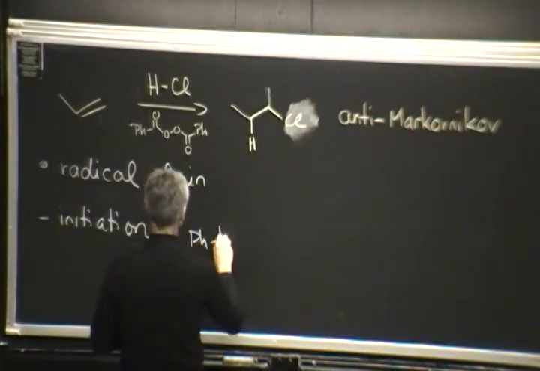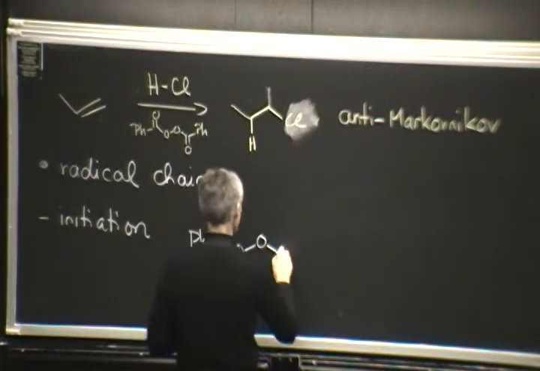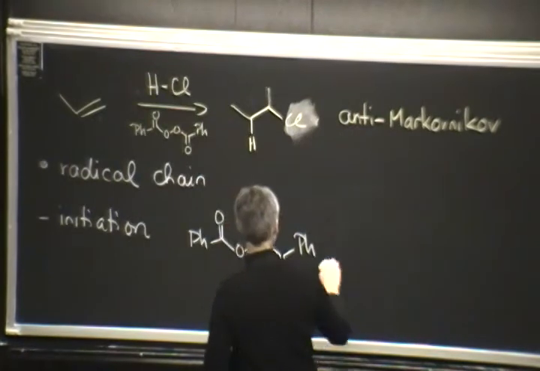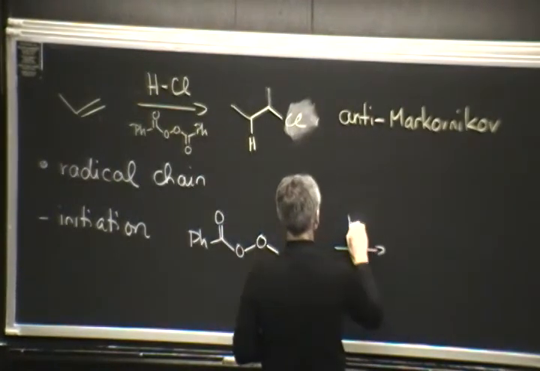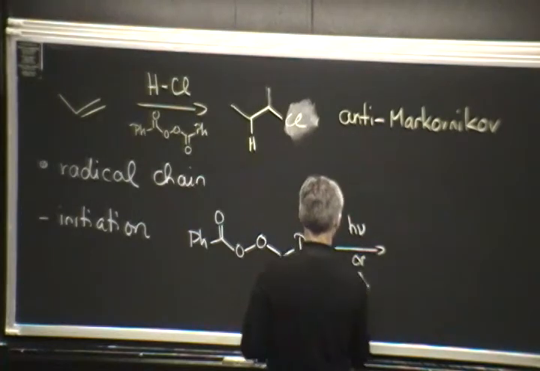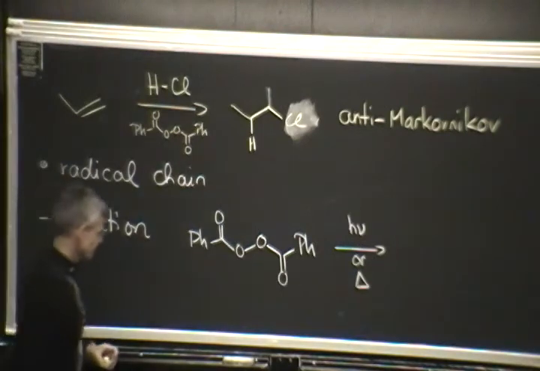That is a reaction that can be initiated with photochemistry, with light, or also by heating, because dibenzoyl peroxide is a thermally not very stable compound. So we can use light, hν, or we can heat the reaction mixture.